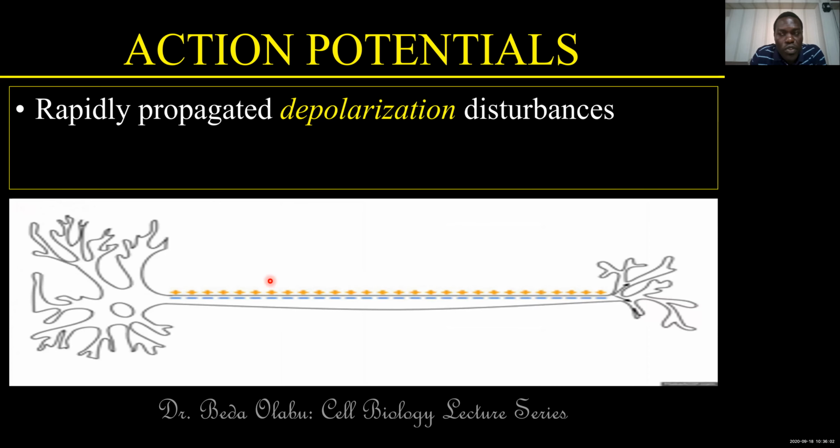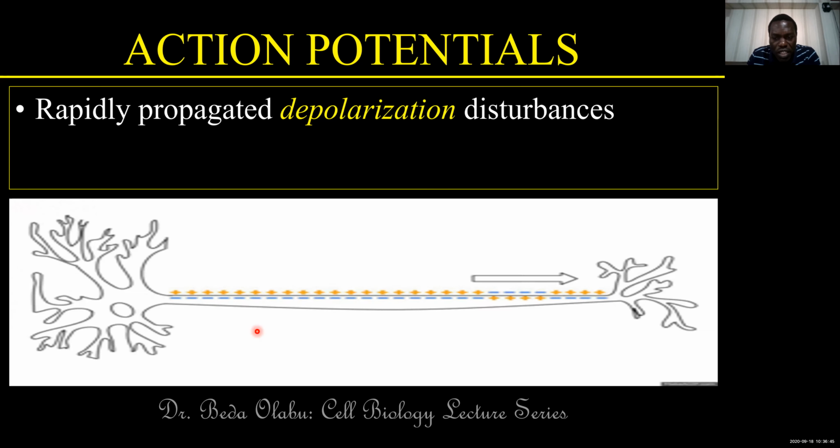For those who may not have difficulty with the video, you can see in this neuron, there's a resting membrane potential where the inside is negative and the outside is positive. But there's a brief disturbance, if you focus at the level of the arrow, where you have positive charges inside and negative charges outside, but a brief one. That is a region of depolarization.